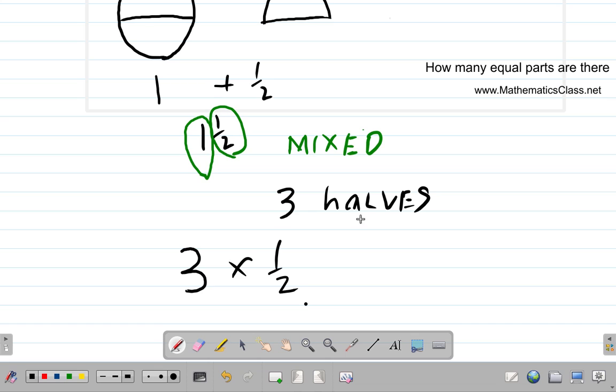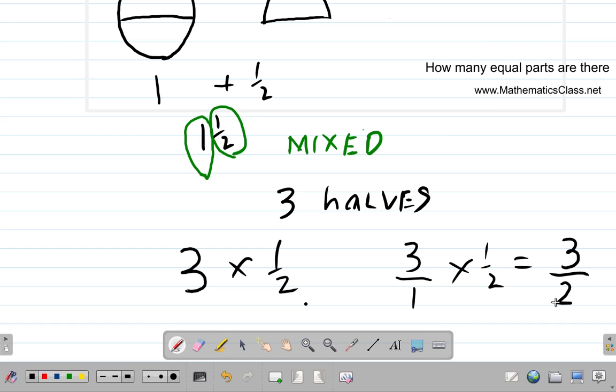But let's look at this. You will see later that when you multiply a number and a fraction, you can have the number over 1 times the fraction. So you multiply the top, 3 ones, 3 up top. Then the bottom part is 1 times 2 is 2. So what you have is 3 over 2, 3 divided by 2.